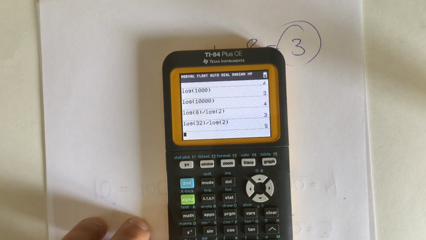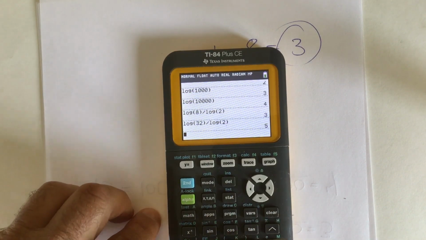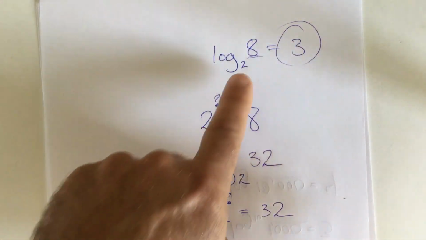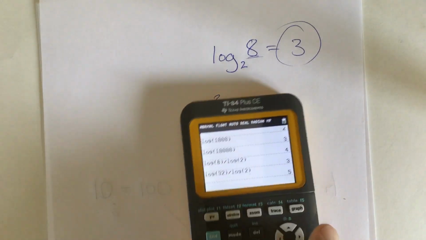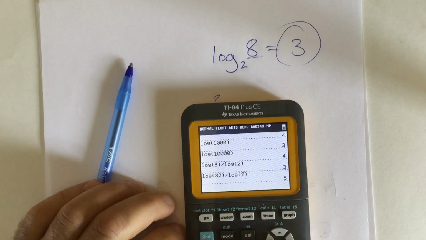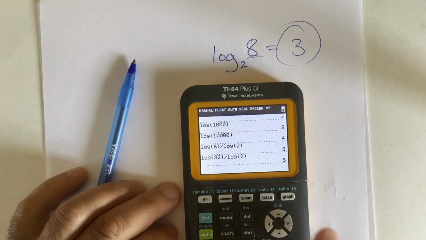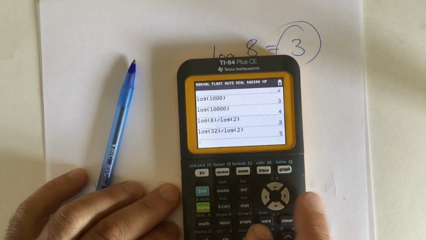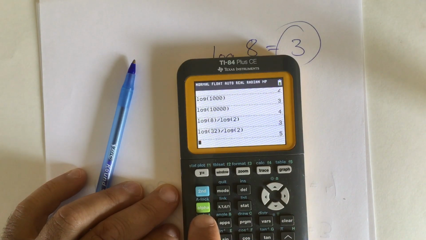The answer's 5. Now, some people always come up to me every year and say, you know, there's a way to punch it in so it looks just like this. And I say, yes, I know, there is a way to do that. But in my book, it's actually more work. I think it's kind of a pain in the butt. But here we go, I'm going to show you anyway. There's a key right here that says alpha.